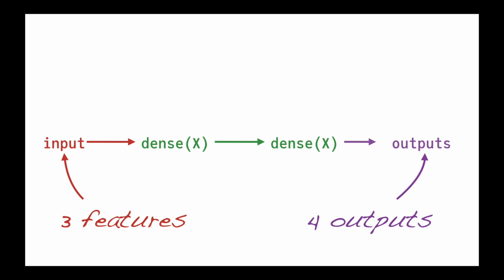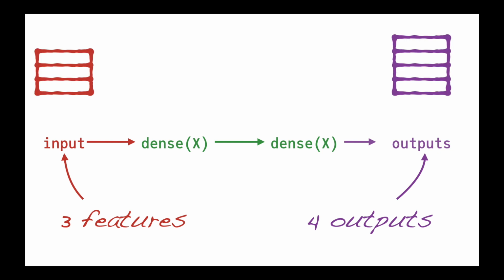And the output features may be the categories for prediction, like fizz, buzz, or else, just like it is with our fizz buzz problem. Or maybe the inputs are the number of square feet for a house, and the number of bathrooms in a house, and the distance from local employers. And the number of outputs, well, there might only be one, the price of the house. Well, that's the number of rows.